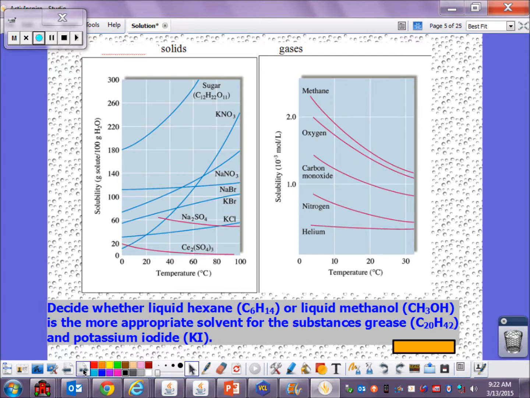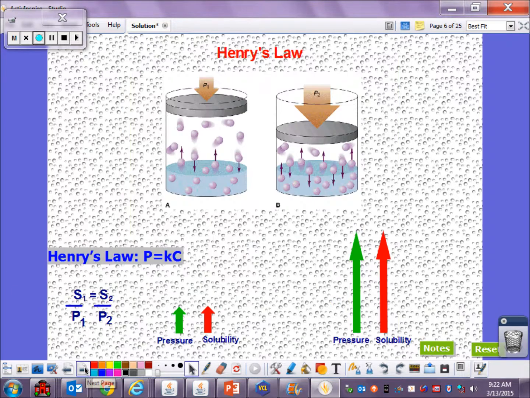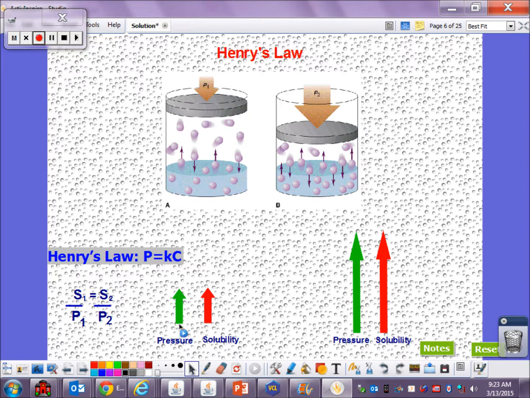Like dissolves like. Polar dissolves polar. Nonpolar dissolves nonpolar. Another concept we learned last year is solubility and pressure. This is Henry's law. As pressure increases, the solubility of a gas in a liquid increases. Just think of a soda can.